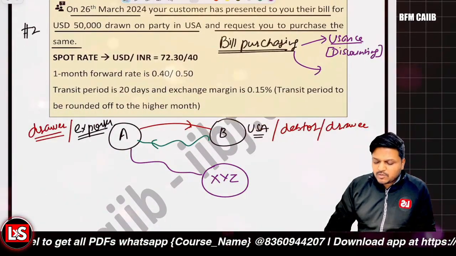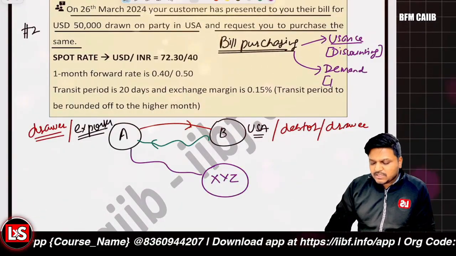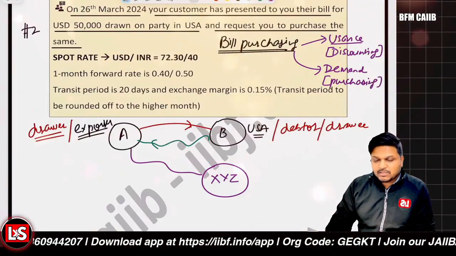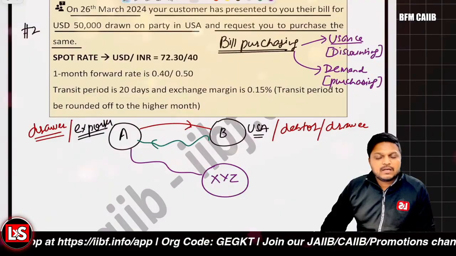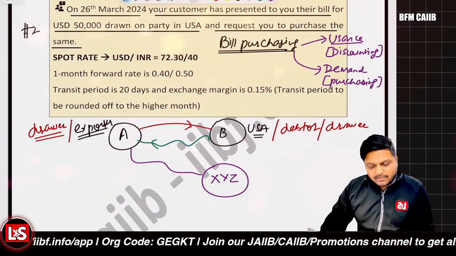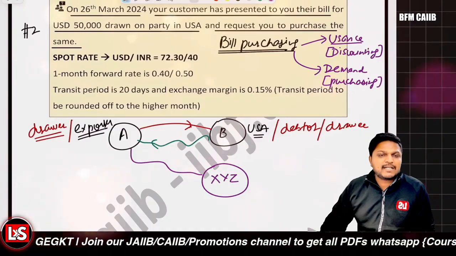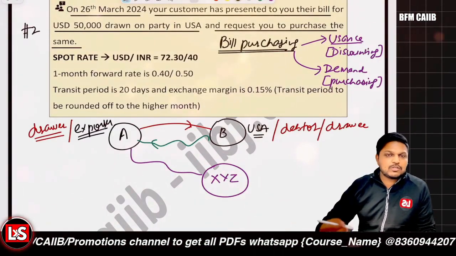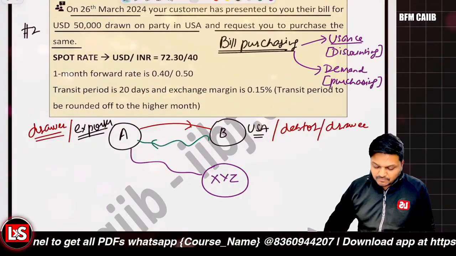But when we're talking about the demand bill, the term used is purchasing the bill. So it's a different nomenclature, right? A demand bill is repaid when it is presented, and a usance bill has a fixed tenure or credit period given. Or let's say a future due date is given. That's a usance bill of exchange.